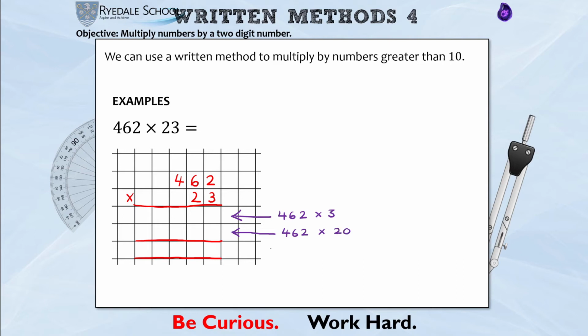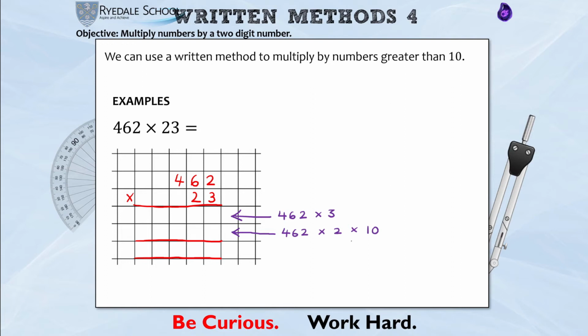But we also know that 462 times 20 is the same as 462 times 2 times 10, because 20 is 2 times 10.